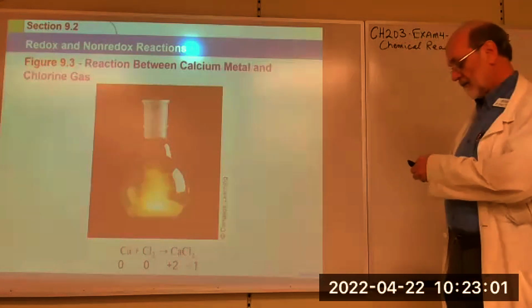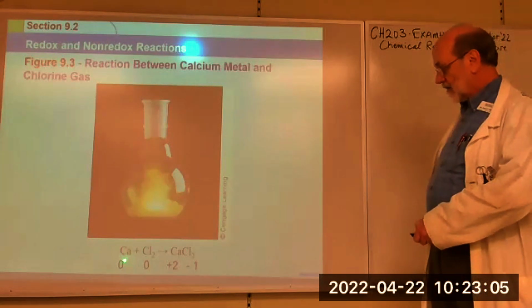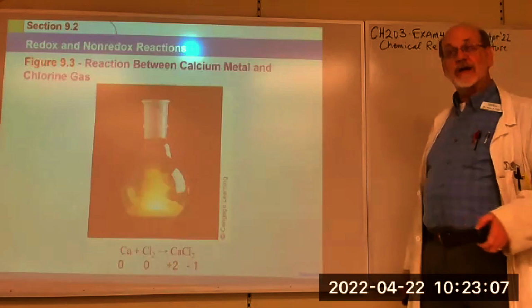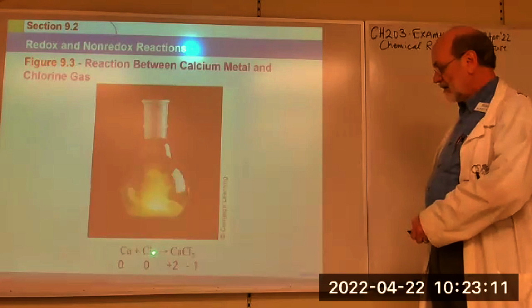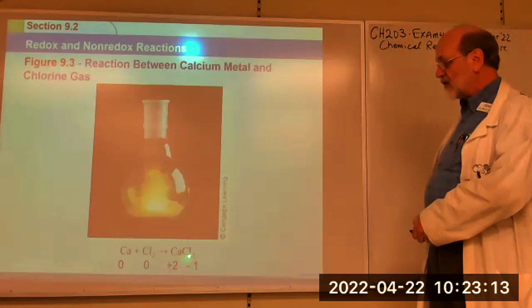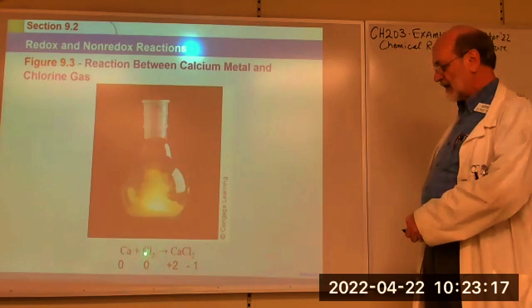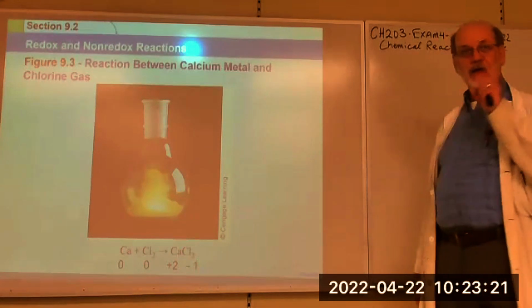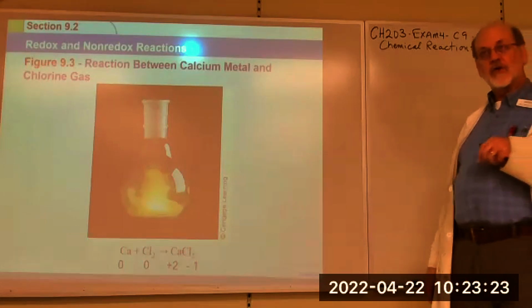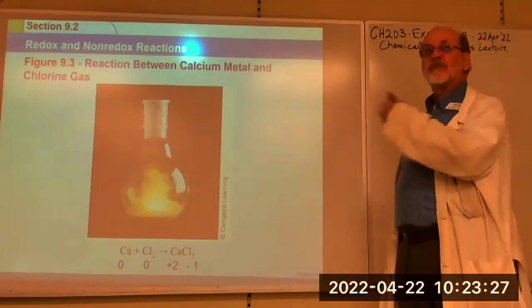And we notice who did what? Calcium became +2, so it lost 2 electrons. Chlorine became a -1 for each chlorine. So that means the two chlorines together gained 2 electrons, so each chlorine gained 1 electron. Calcium lost 2 electrons, and chlorine picked them both up.